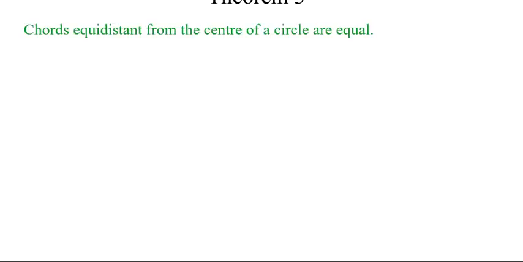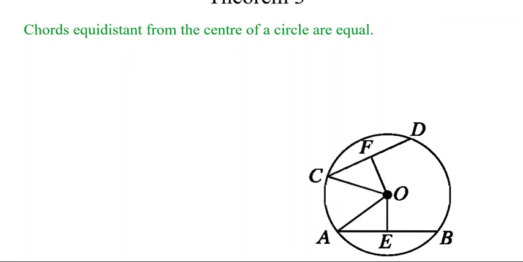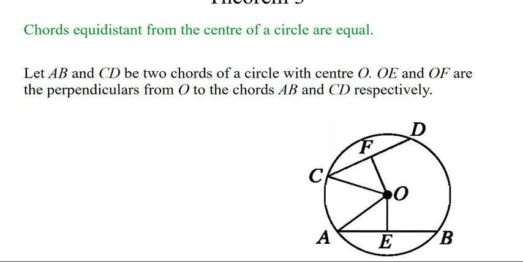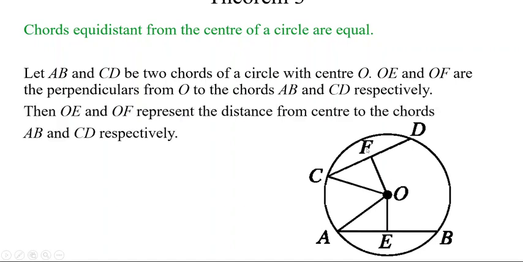Now, theorem 3. The statement is: chords equidistant from the center of a circle are equal. See this figure. Let AB and CD be two chords of a circle with center O. OE and OF are the perpendiculars from O to the chords AB and CD respectively.